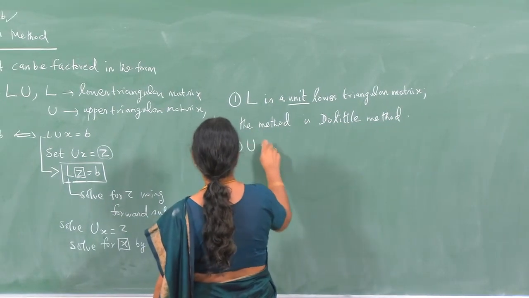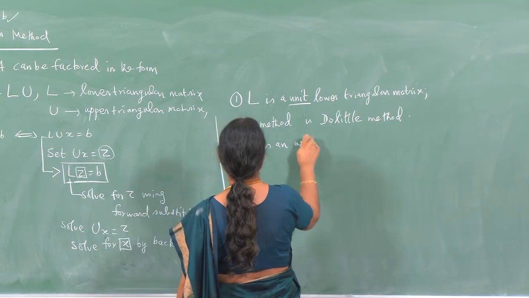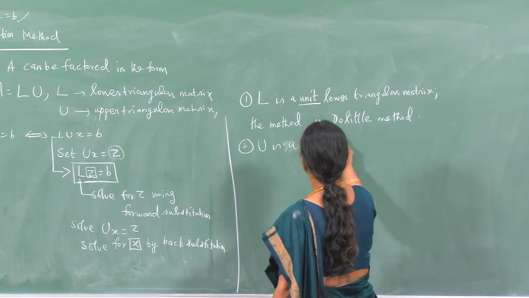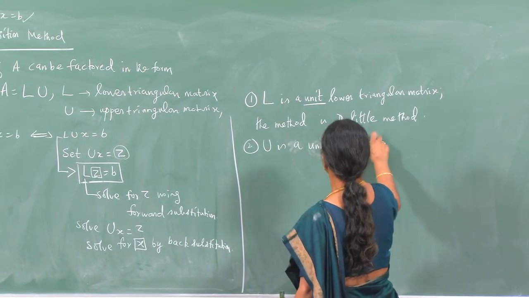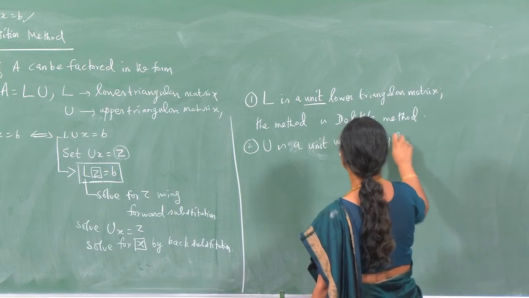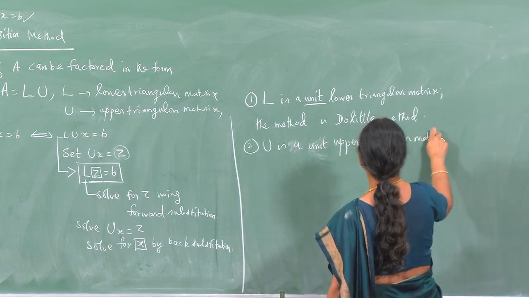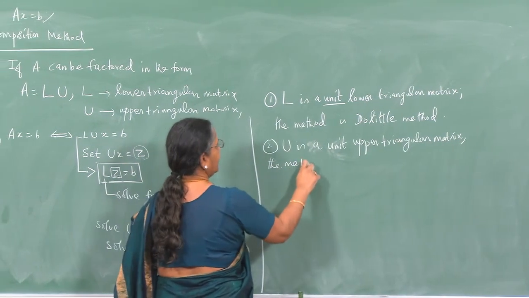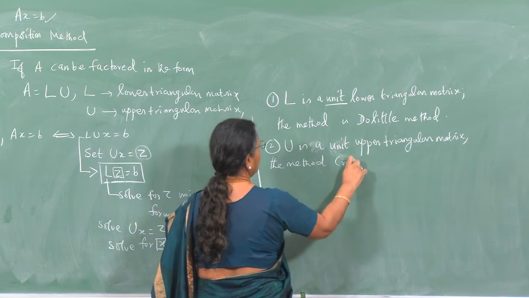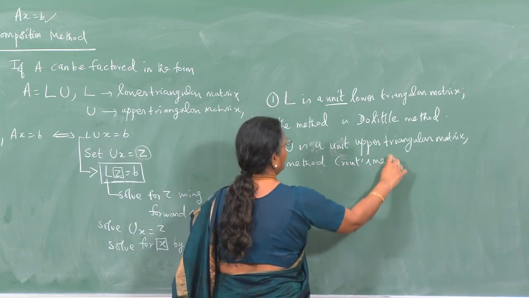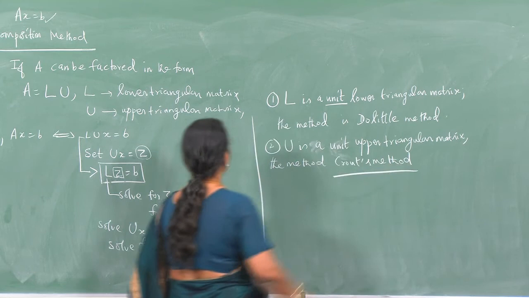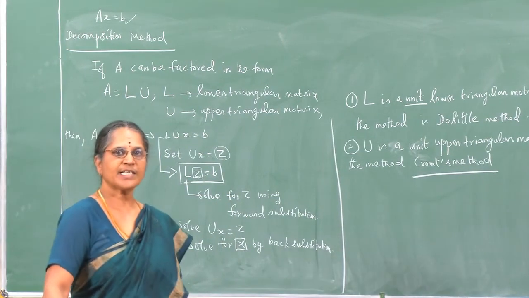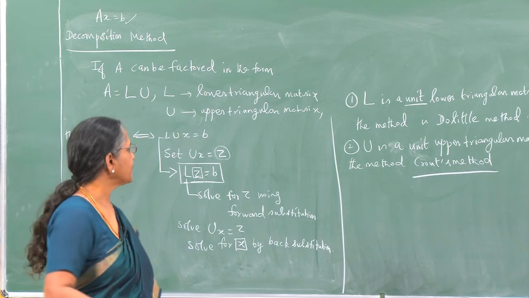Secondly, if U is a unit upper triangular matrix, then the method is called Kraut's method. Namely, you factorize A in the form LU with U as a unit upper triangular matrix.